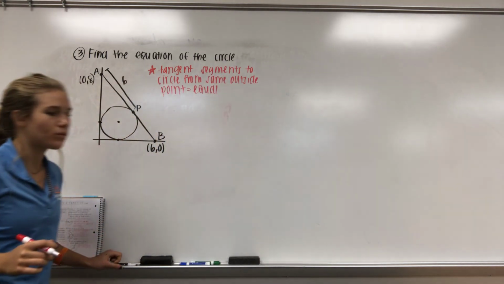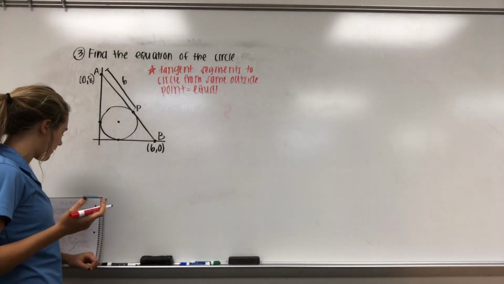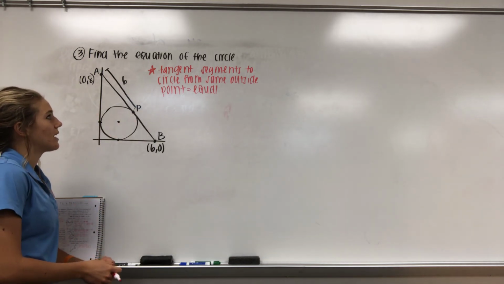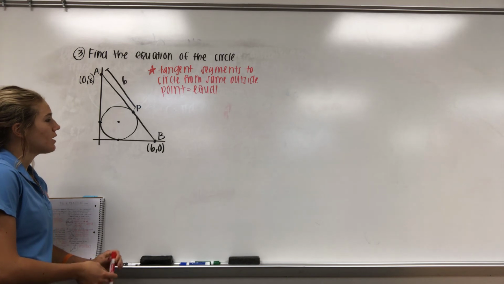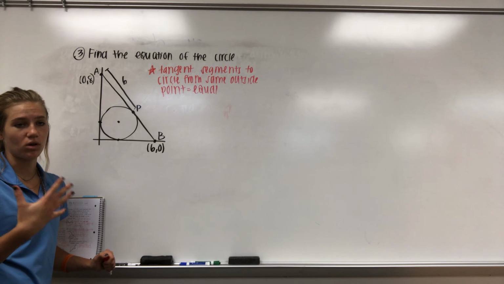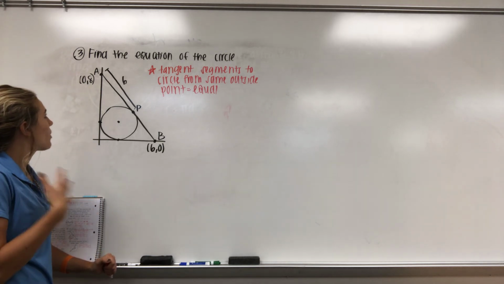Okay, so the first rule or relationship is what I just wrote up there. It tells us that tangent segments that span to the circle from the same outside point are going to be equal. That's essentially what we have happening here, right?